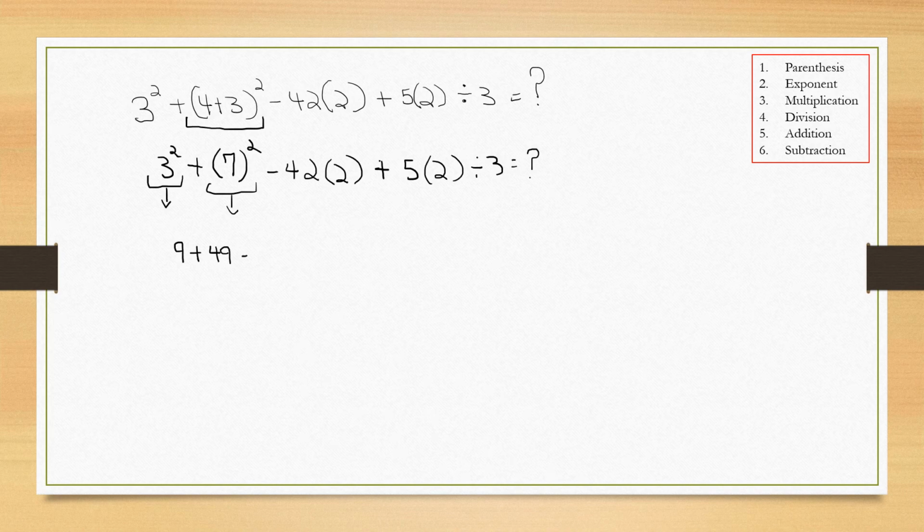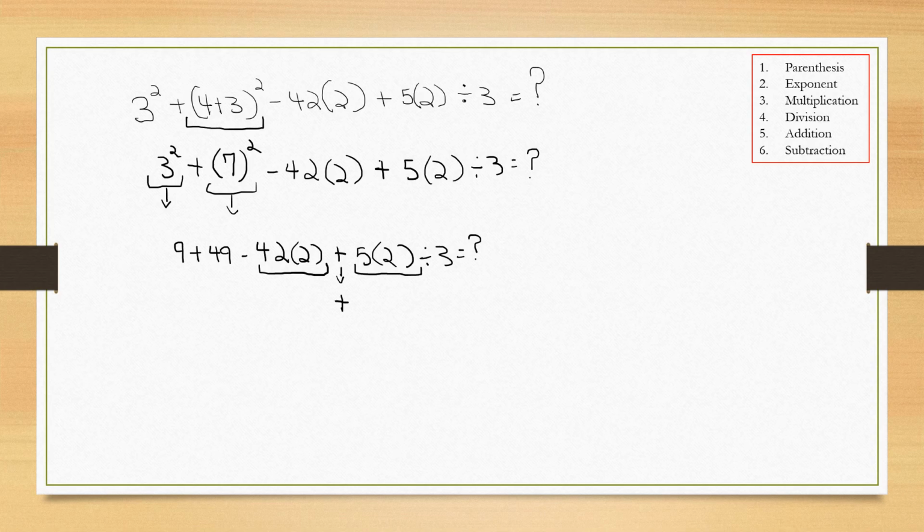minus 42 times 2 plus 5 times 2 divided by 3. What's next on the list? Multiplication. We actually have 2 multiplication signs, here and here. Plus we have a sign in between them, so let's bring down that sign.